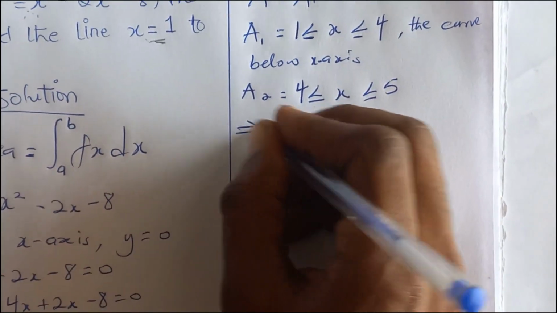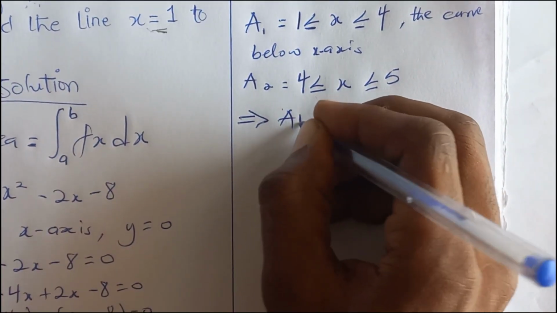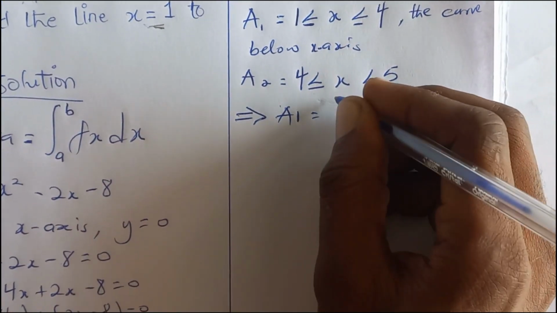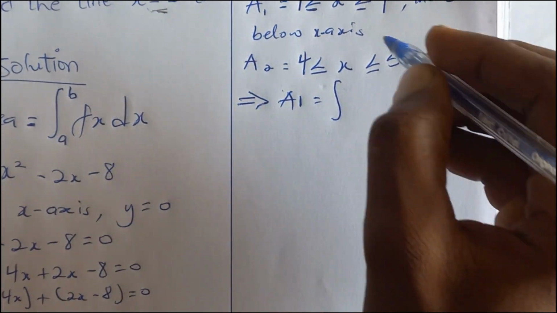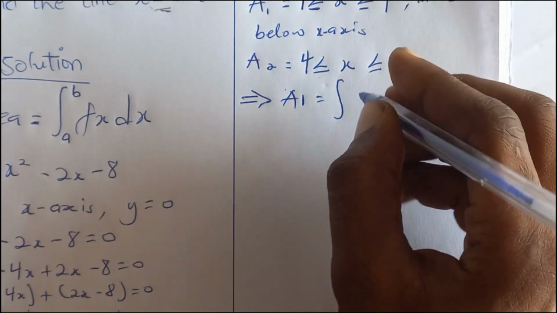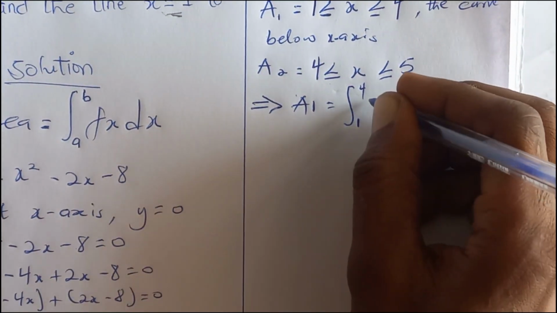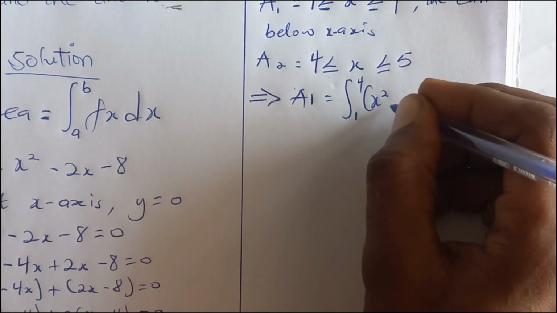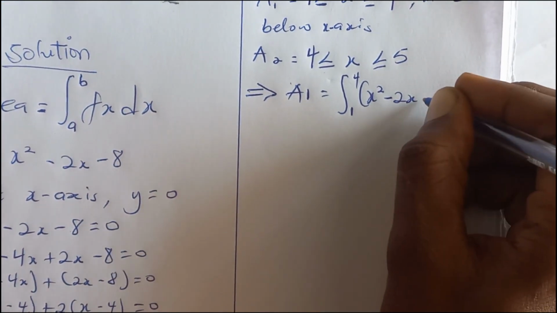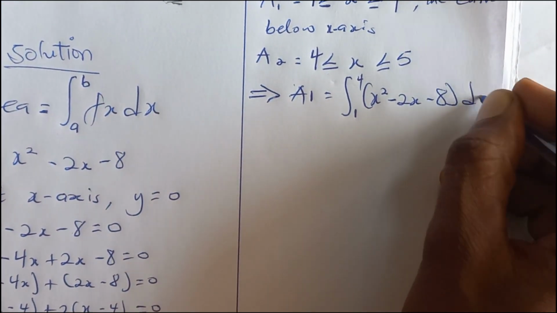So let's do it for A1. Let's calculate A1 to be the integral, and the boundary is from 1 to 4. Then our function is x squared minus 2x minus 8 dx.